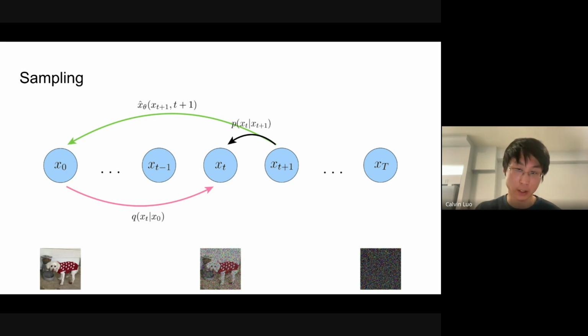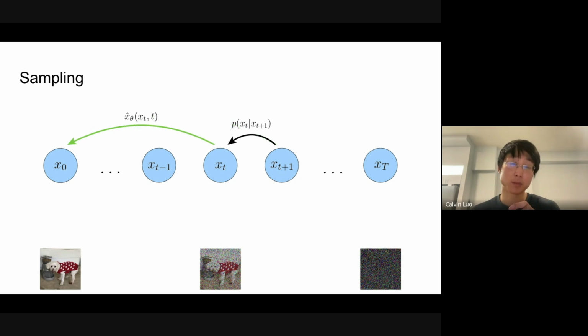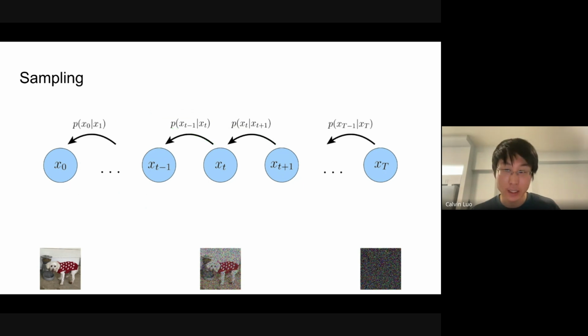And what this does is this actually models one intermediate denoising transition. This black arrow that we want to model to begin with, right, a diffusion model wants to iteratively model these small denoising increments, is really modeled using our model during sampling as making a prediction of a clean image x0 and adding back noise at a smaller level of noise. And then you take that sample, you make another prediction of the clean image, add back noise, and so on and so forth. And that's how you simulate the entire sampling procedure, starting from a Gaussian noise sample.